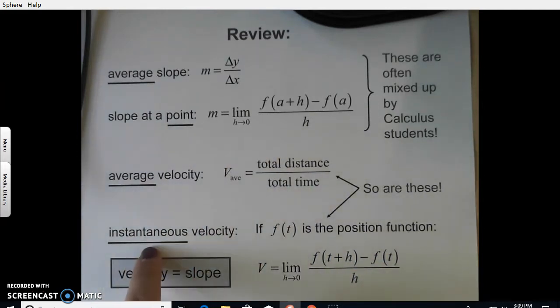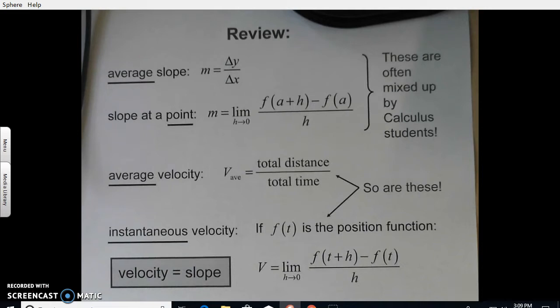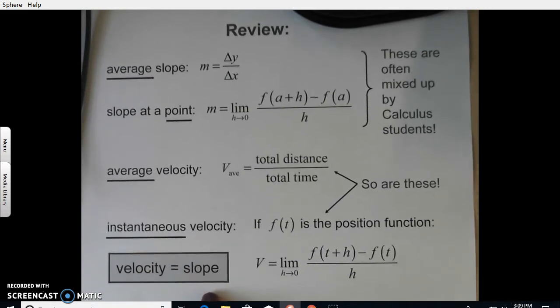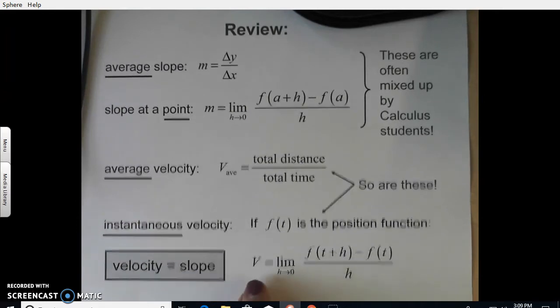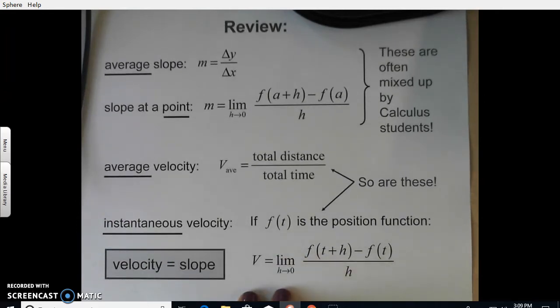And then instantaneous velocity would be f of t, which would be the position function, so exactly where it occurs. And velocity is equal to slope. Therefore, the velocity is equal to the limit as h approaches 0 of f of t plus h minus f of t, all over h.